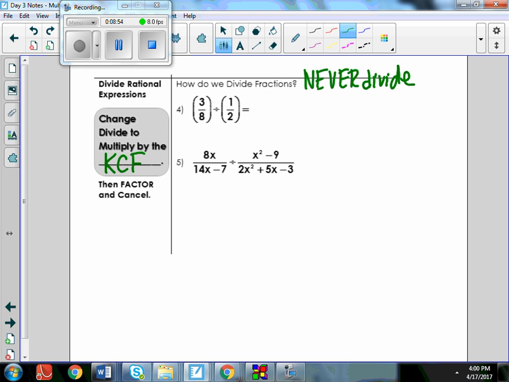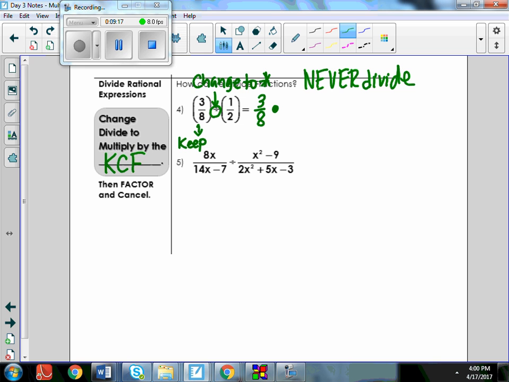So what does it mean I keep? What do you keep? You keep the first fraction exactly the same. So 3/8. What do you change? No. Well, kind of. It's an operator. You change division to multiply.